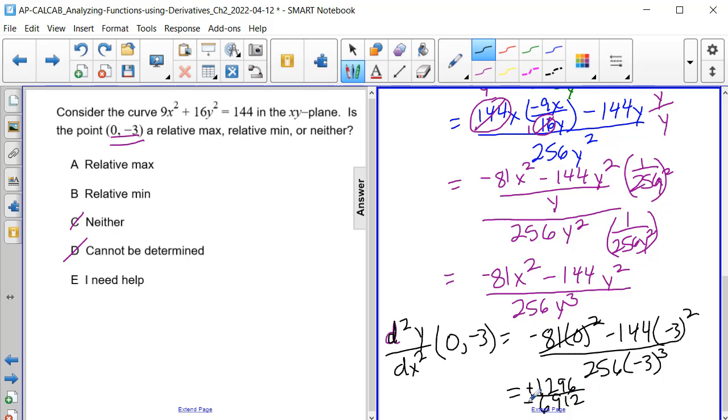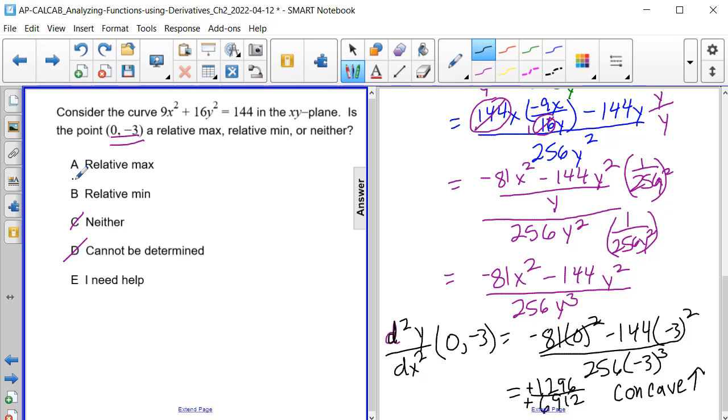And two negatives make a positive. You could reduce this if you'd like, but the key here is that we have a positive value, meaning that we have a concave up graph at this point, or concave up section of the graph at this point, making the point (0, -3) be a relative minimum, or answer choice B.